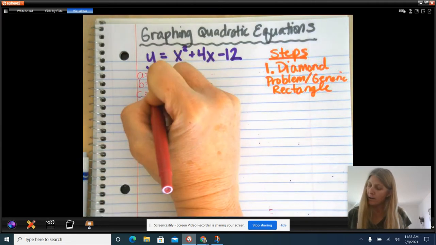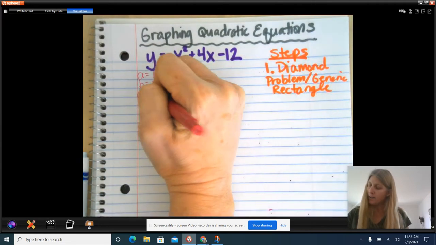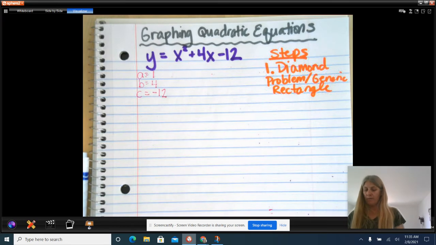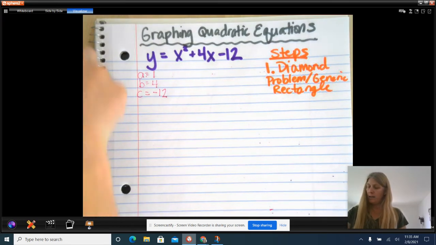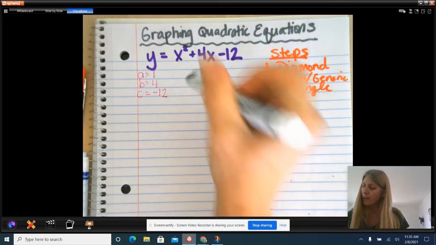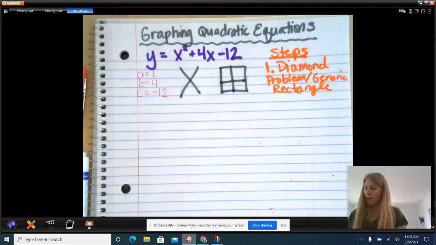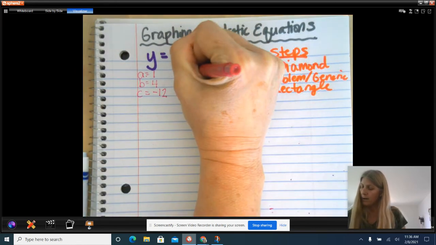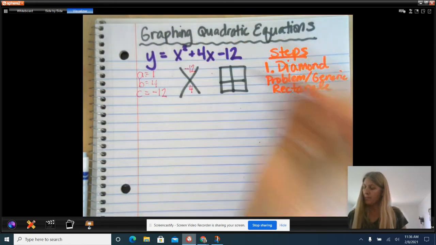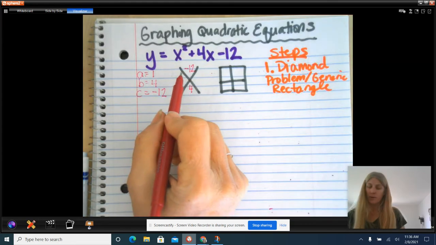Our B is in front of the x, which is 4, and our C is negative 12. We then go ahead and we do A times C, which is negative 12, and then our B goes on the bottom, and then we're looking for those pairs.